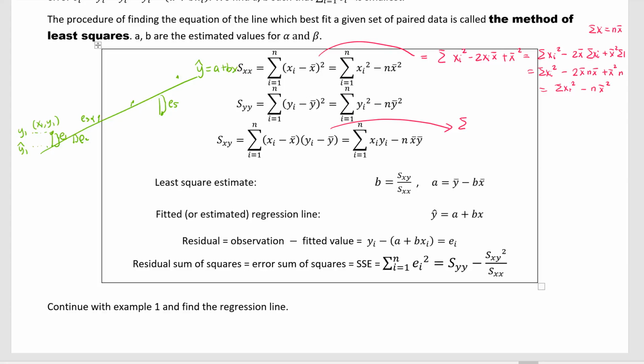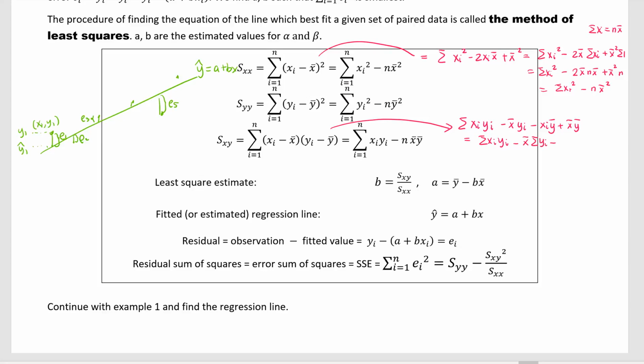So when we multiply it out, we get xi yi minus x bar yi minus xi y bar plus x bar y bar. And then we have sum xi yi minus, so we distribute the sum.